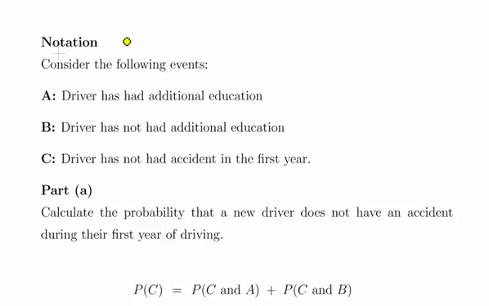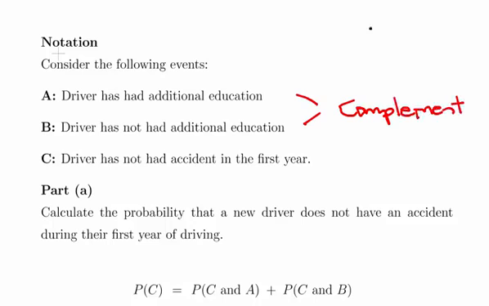So A is that the driver has had additional education. B is that the driver did not have additional education. Now these are complements of each other, and also it's exhaustive.